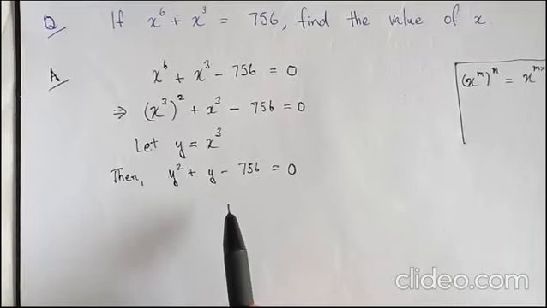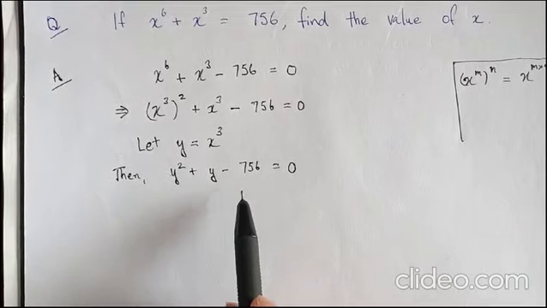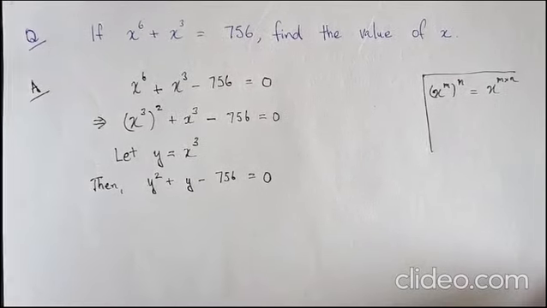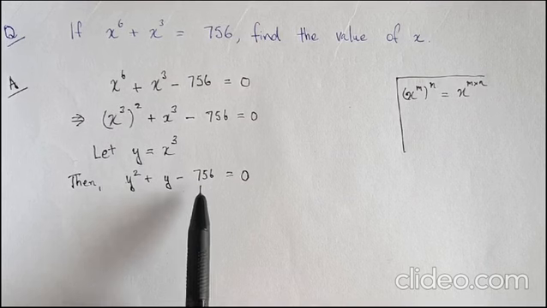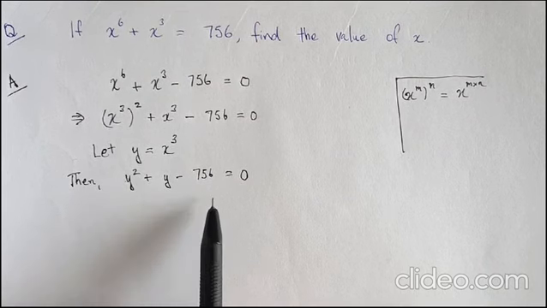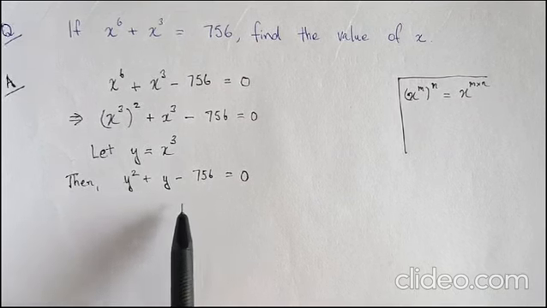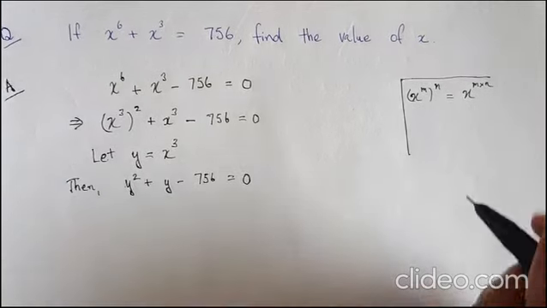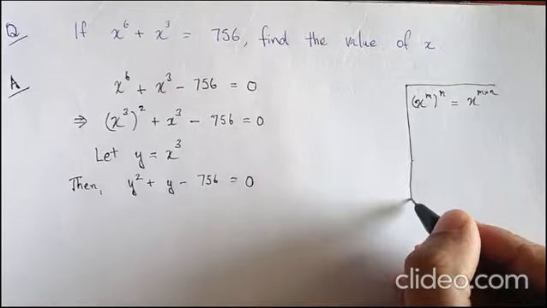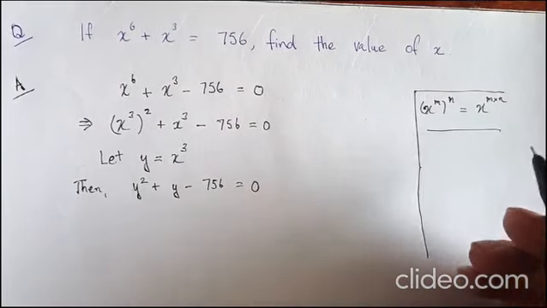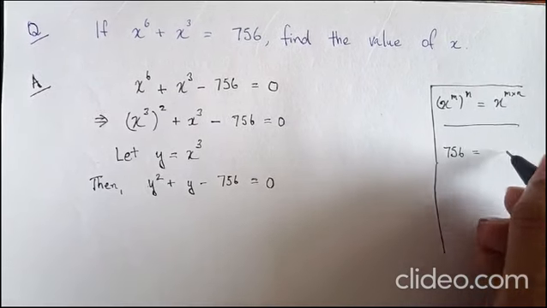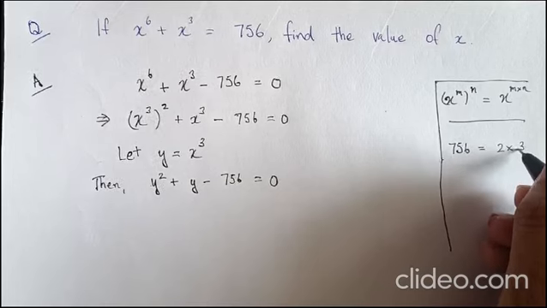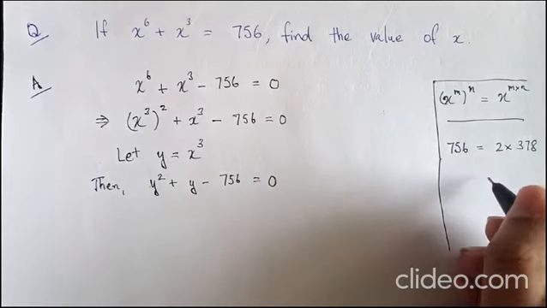Now we have learned earlier how to solve quadratic equations. So we have to find two factors of 756 which will be such that we get two factors that will be equal to 0. So now again, this is in a rough work. So 756 can be written as 2 into 378, right?